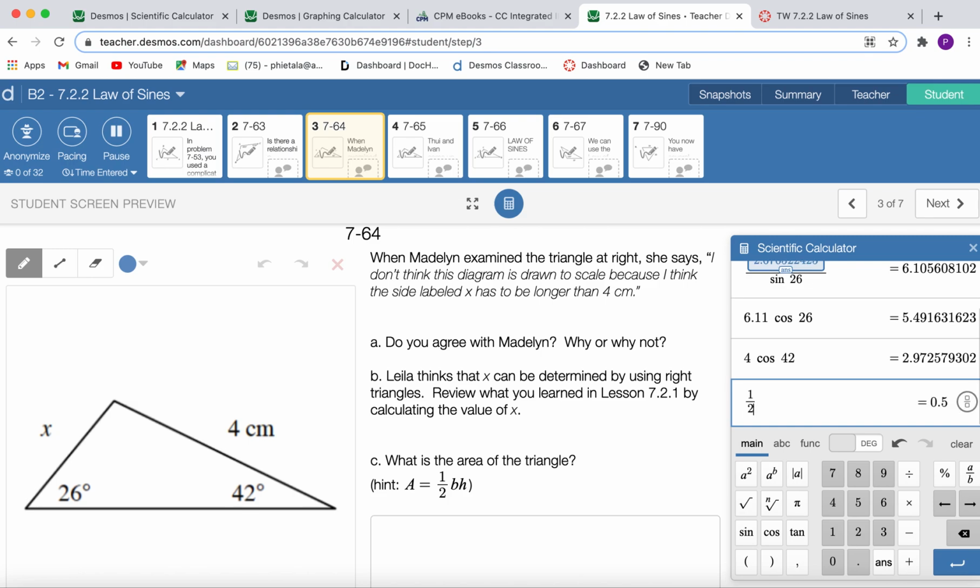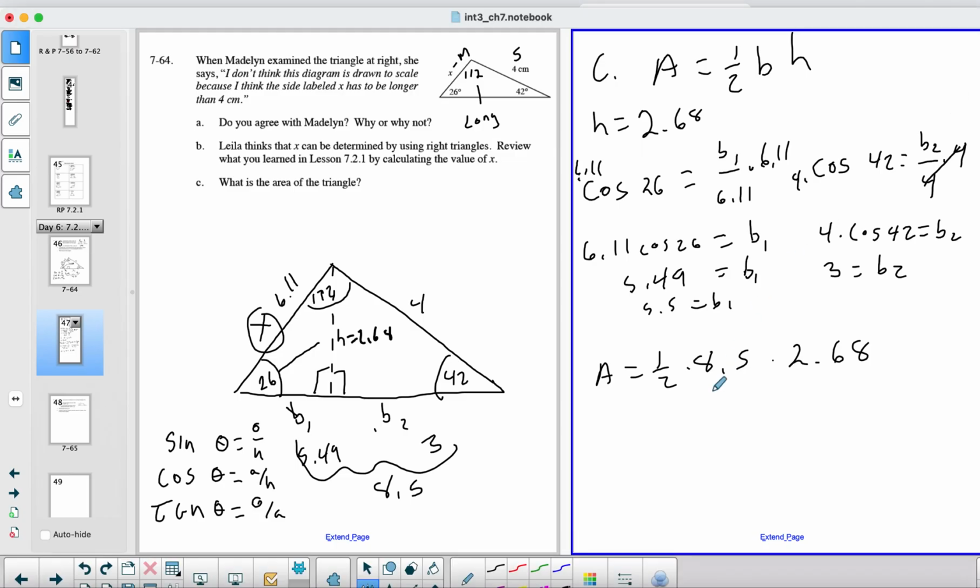So 1/2 times 8.5 times 2.68. We get 11.4. Moving on.